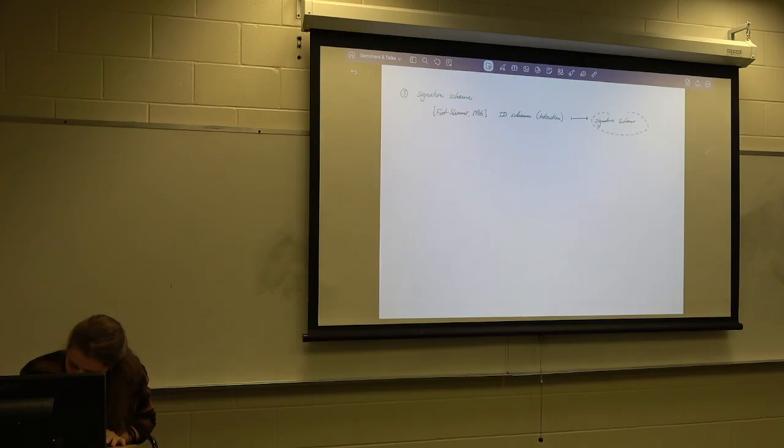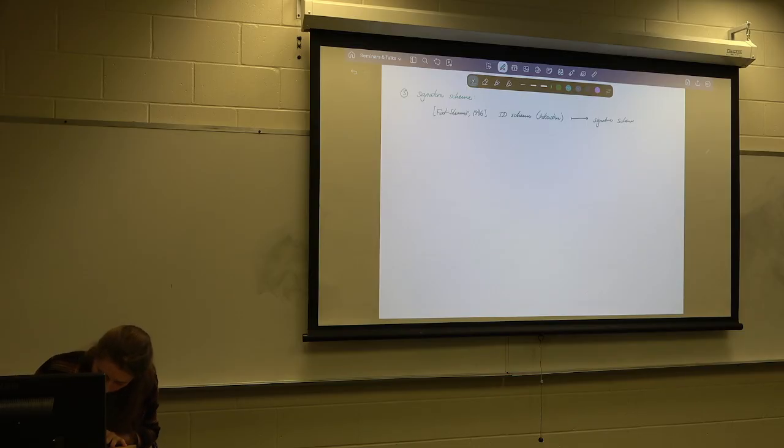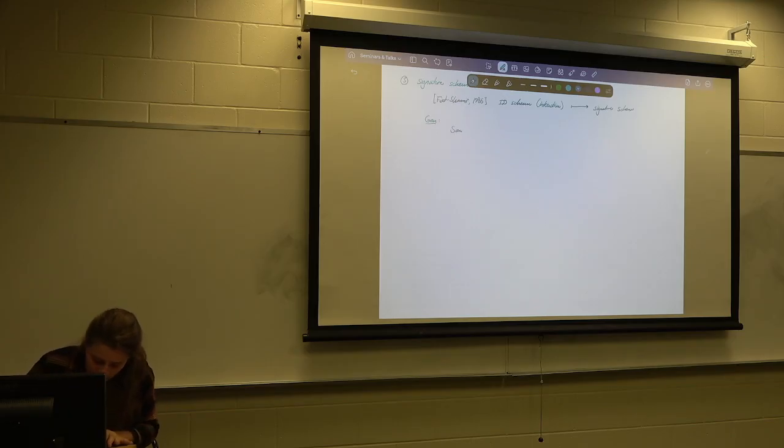I won't show you what they do, but if you apply this as a black box, then you can get the following. So I'm applying it now to my identification scheme that I got before. To sample my public key and my private key, I'm going to sample this monomial matrix. And I'm going to also choose a code.